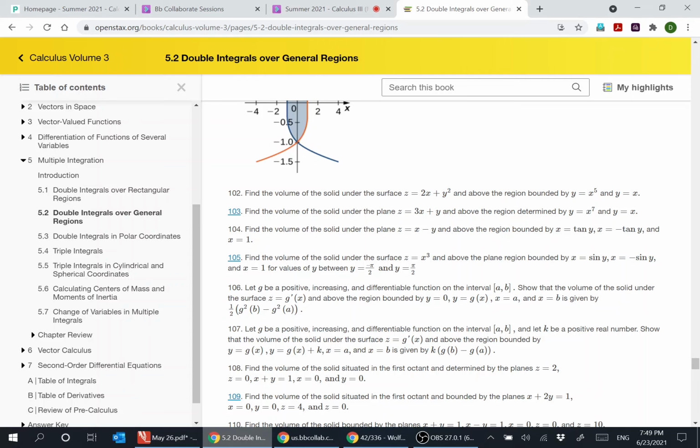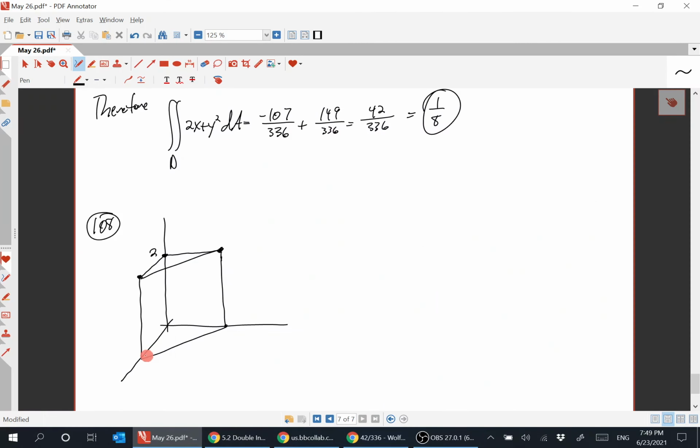Well, this is all messed up. x equals 0 is the YZ plane. So in the first octant, x equal to 0 is the YZ plane, and y equals 0 is the XZ plane. So this is the solid right here. This is the plane x plus y equals 1.